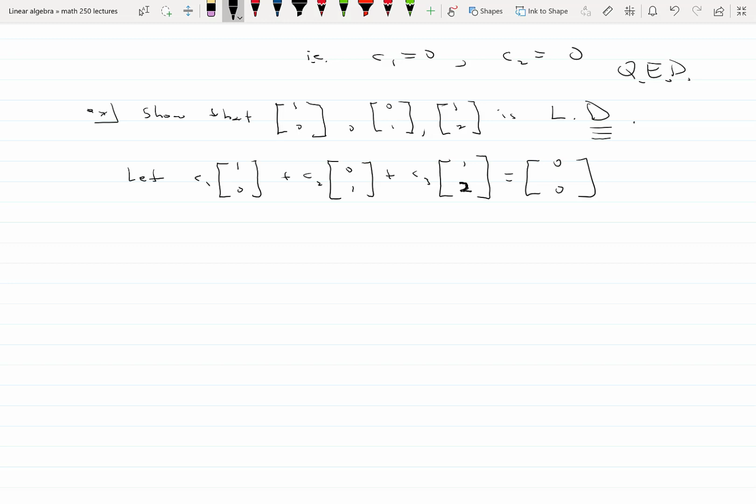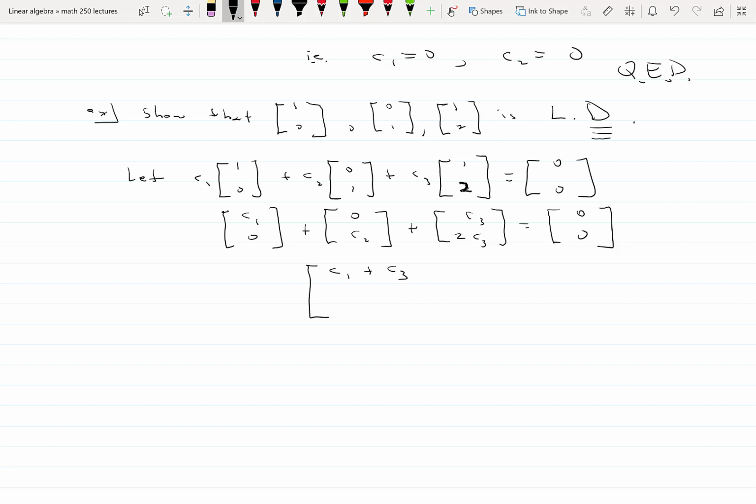Well, this says that C1 times (1, 0) plus C2 times (0, 1) plus C3 times (1, 2), those three column vectors, equals the column vector (0, 0). So combine to one column vector on the left: C1 plus C3, C2 plus 2C3, equals the 0 vector.